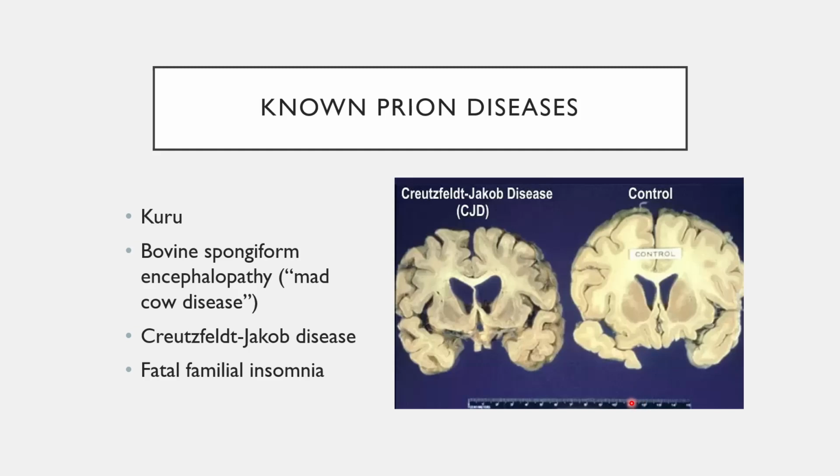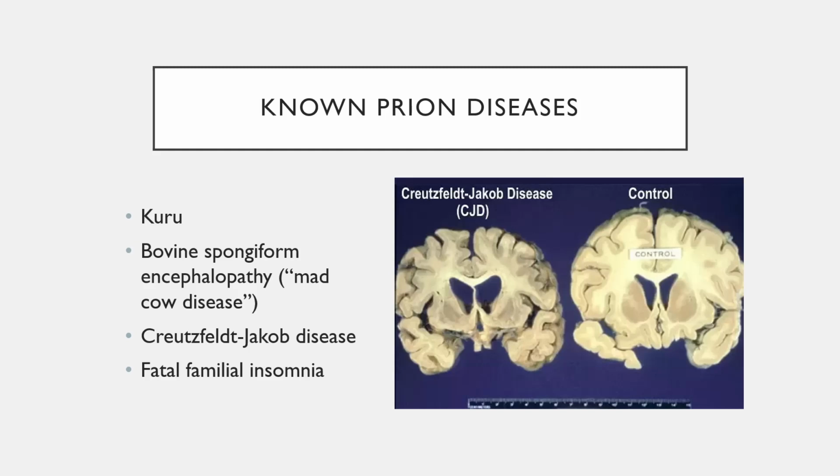Mad cow disease is one that you may have heard of before. There was an outbreak of mad cow disease in the late 80s and early 90s in the UK. And these proteins could be transferred to humans, so people who lived in the UK during a certain period of time are prohibited from donating organs or giving blood in case they are afflicted unknowingly by a prion disease.